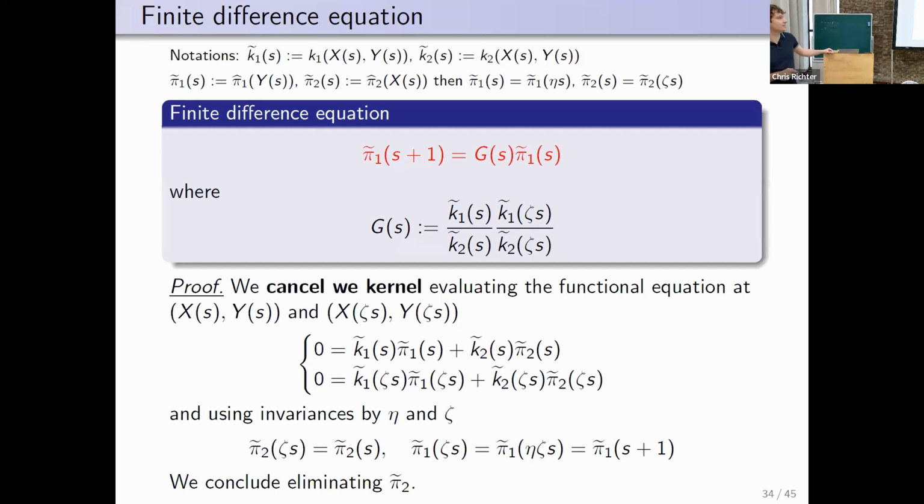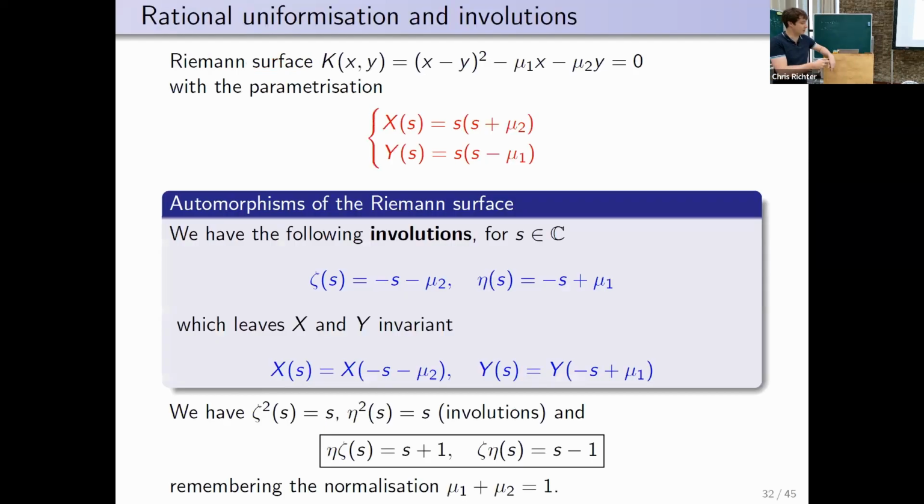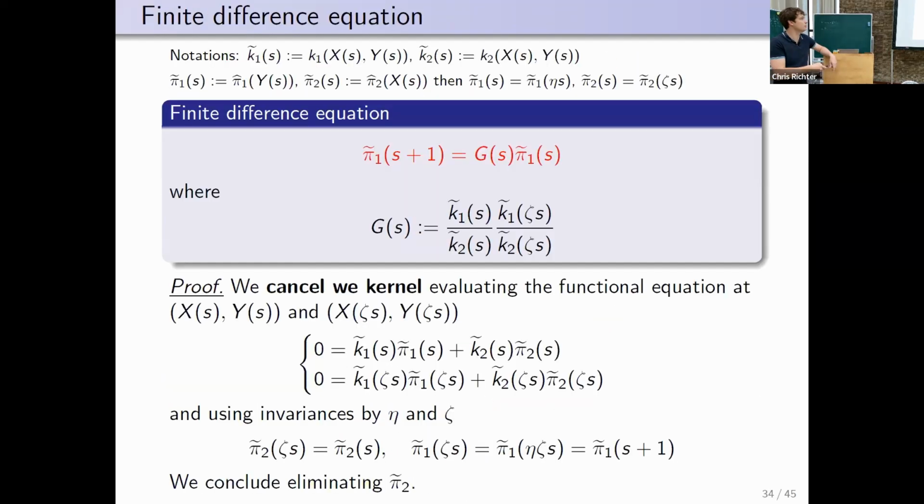And you have, in some sense, pi1 of s plus 1 is almost equal to pi1 of s, but you have a coefficient here, which is j of s, which depends on k1 and k2, which are the coefficients which were in the functional equation. This is the parameter of the functional equation.